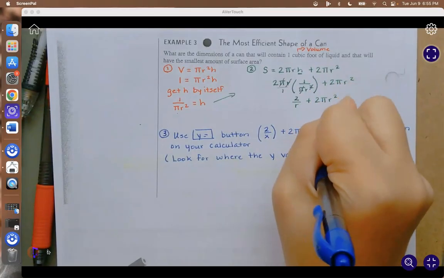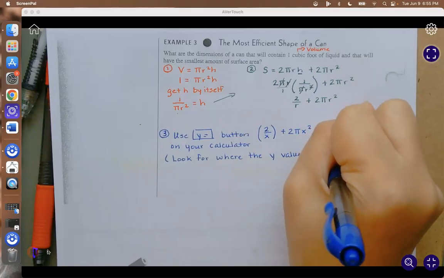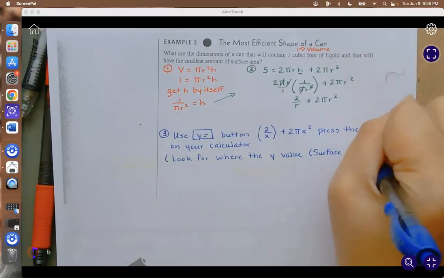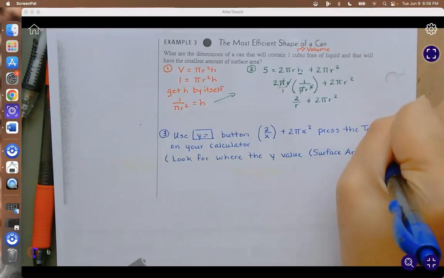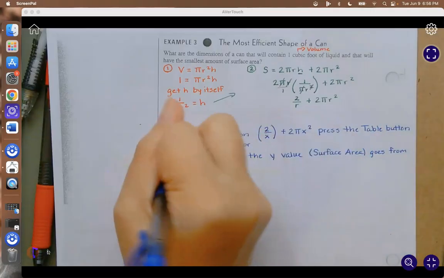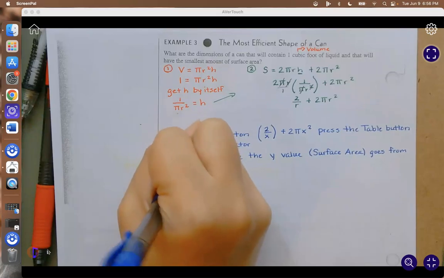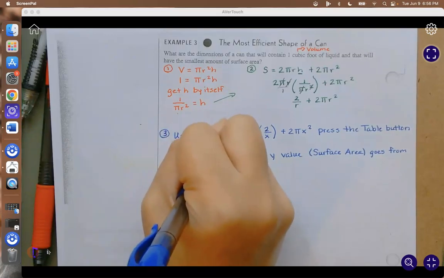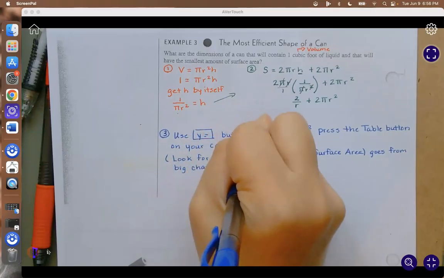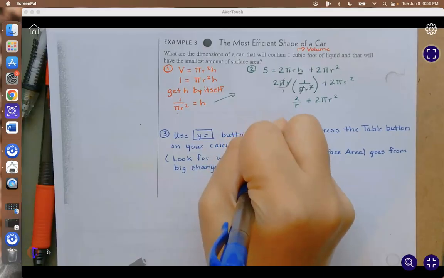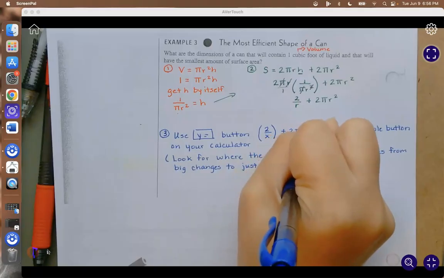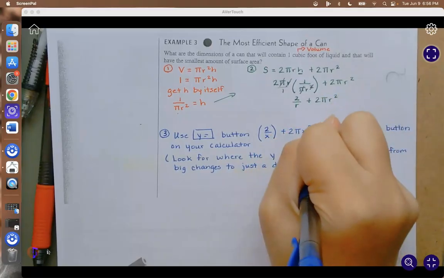Okay, so where your surface area goes from big changes to just a decimal increase.